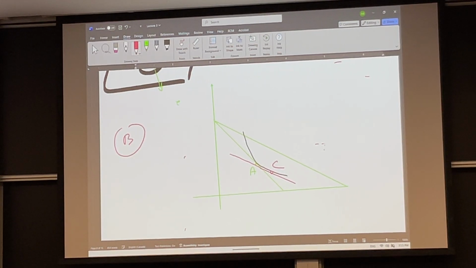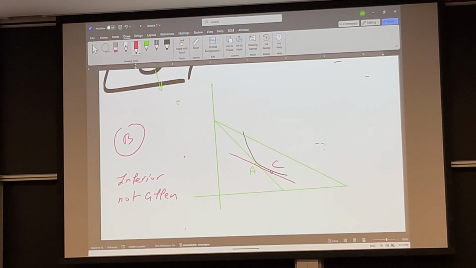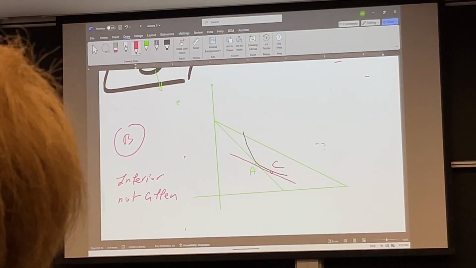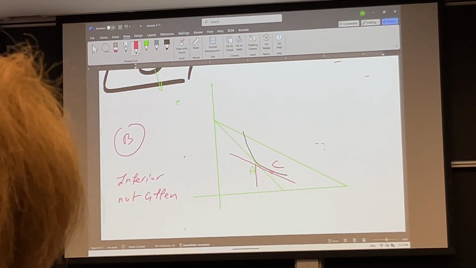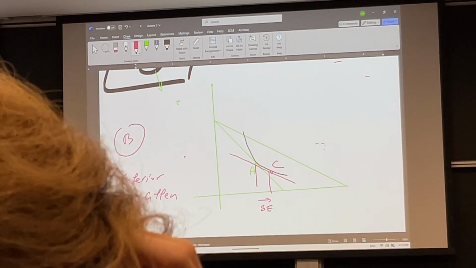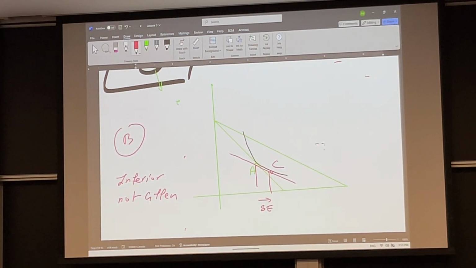So what is the terminal point if the good is inferior but not given? I gave you the initial point, and I gave you the point that eliminates the income effect. So this is what we call the substitution effect. Where is point B?